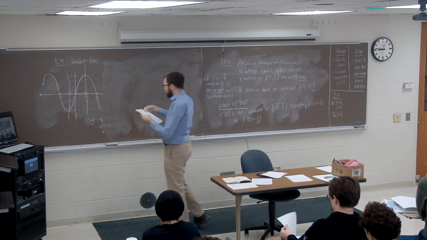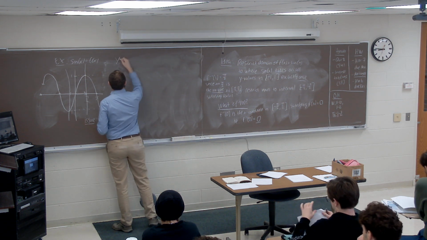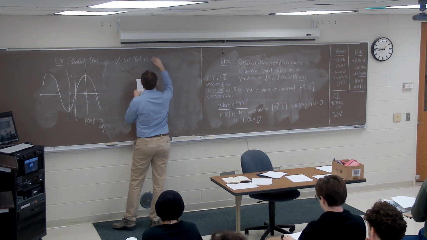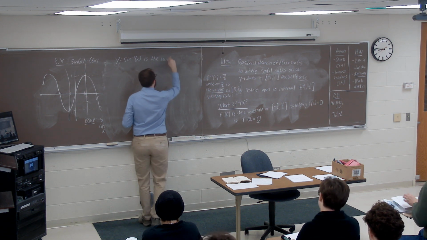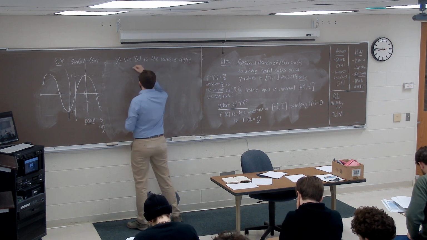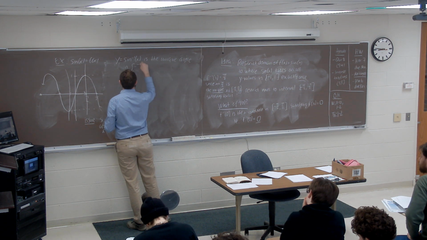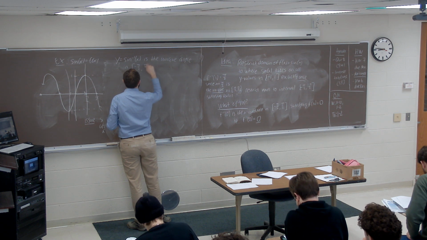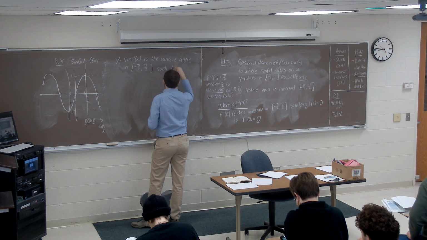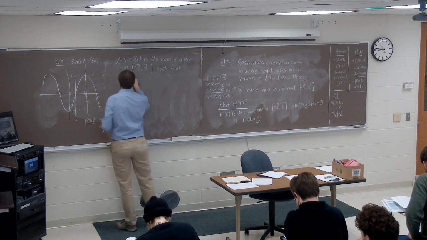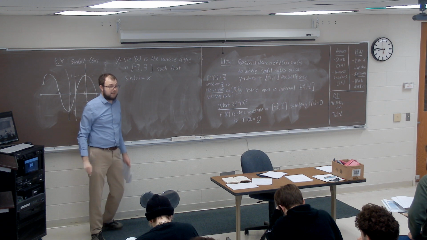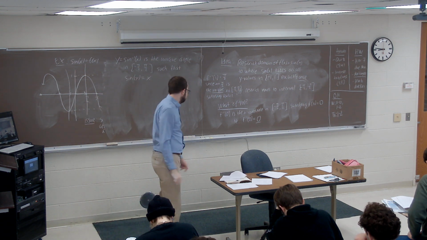In general, we can say that y equals inverse sine of x is going to be the unique angle in the interval from negative pi over 2 to pi over 2, such that sine of y is equal to x, as a general rule of thumb.